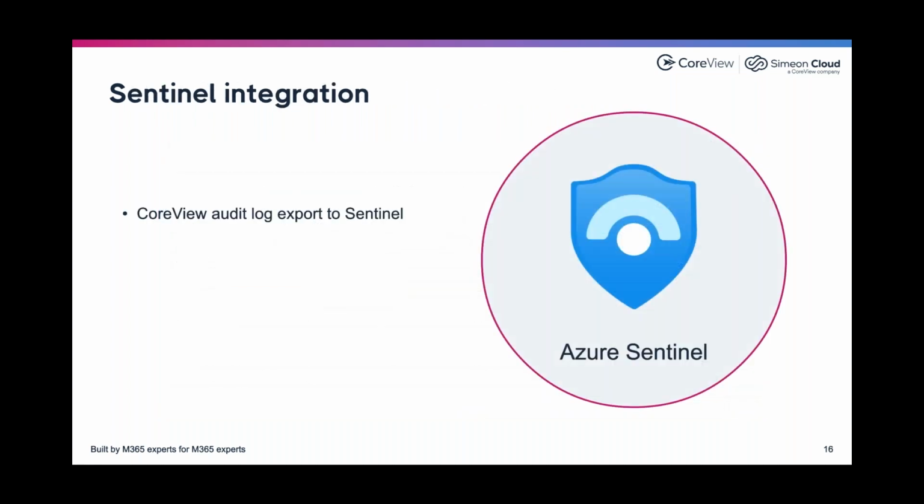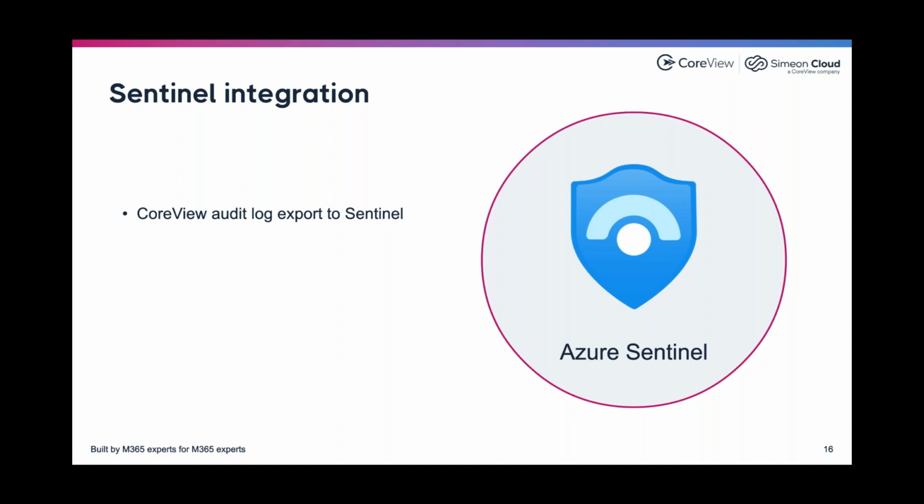And the last thing I wanted to speak to on enhancements that we've done recently, and this is something that's actually going out in the next week or so. So if anybody's been diligent about watching the release notes and saying, hey, I never saw this, you're right, it's about to be dropped. It is integration from the CoreView audit logs into Sentinel.